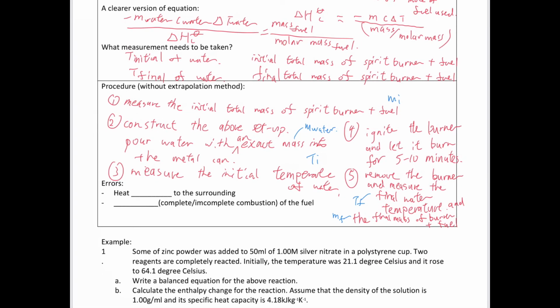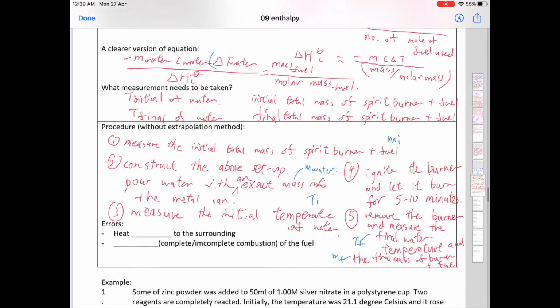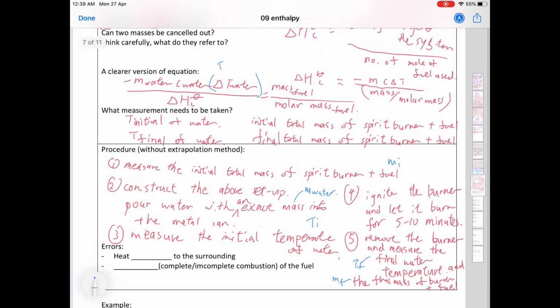Here is roughly how the procedure looks, and you just plug into the corresponding side and you can get the result. For example, T final and T initial are for calculating the delta T of water, and the mass of the fuel used is equal to M initial minus M final. And then by using the equation, you can calculate the standard enthalpy change of combustion.